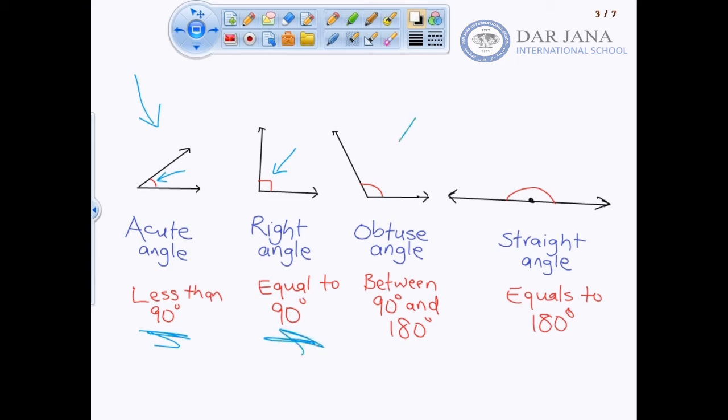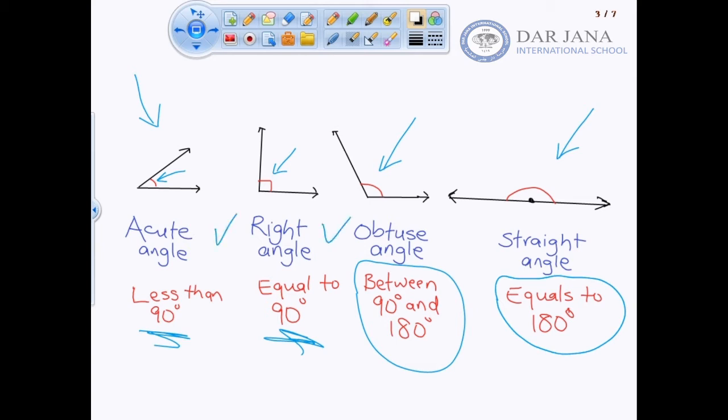Then I have an obtuse angle. This angle is between 90 degrees and 180 degrees. And a straight angle here, where it's equal to 180 degrees. These are the four different angles: acute angle, right angle, obtuse angle, and straight angle.